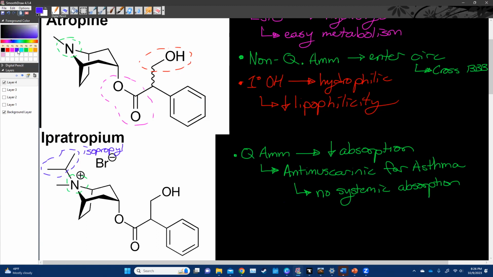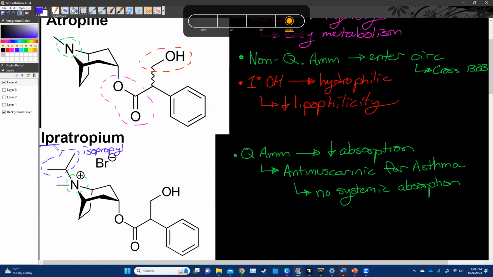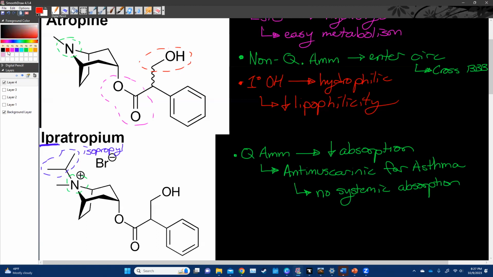By the way, this is how the name came about. Isopropyl, atropine, and then ium for the quaternary ammonium. Right? So you have your N plus, your atropine, and your isopropyl group. By the way, a lot of drug names get that because of this.